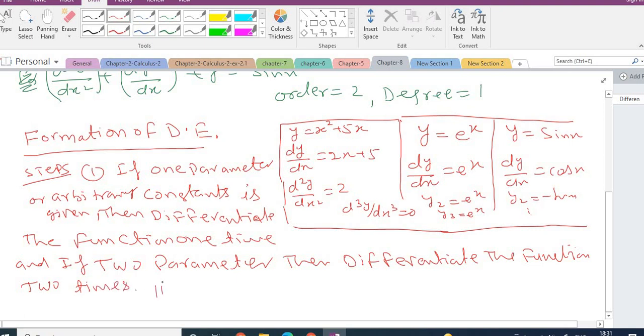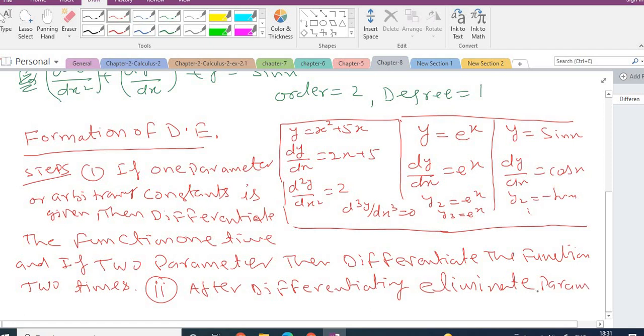The second step is, after differentiating, eliminate the parameter from the function.